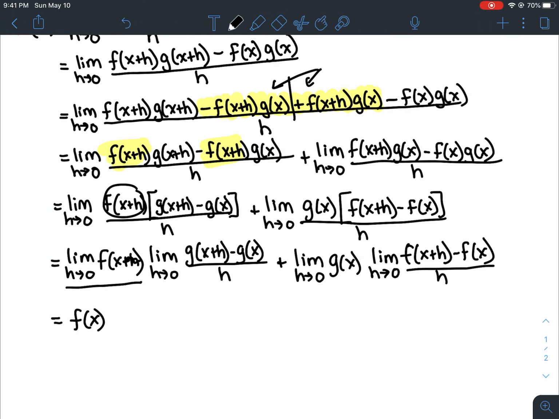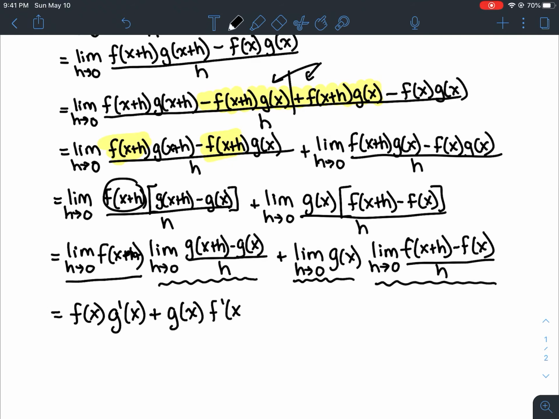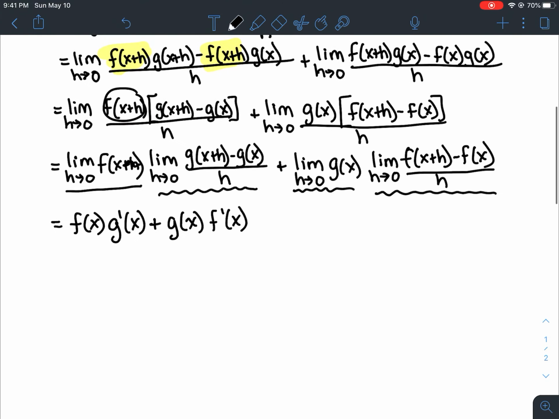Now this one right here is not just equal to g of x, it's actually the derivative of g of x, which we can write as g prime x. Plus, the limit as h goes to 0 of g of x is just equal to g of x, multiplied by this guy, which is the derivative of f of x, so f prime x.